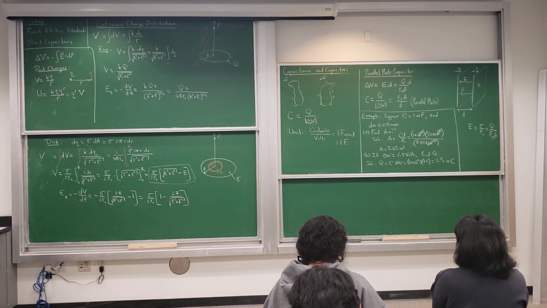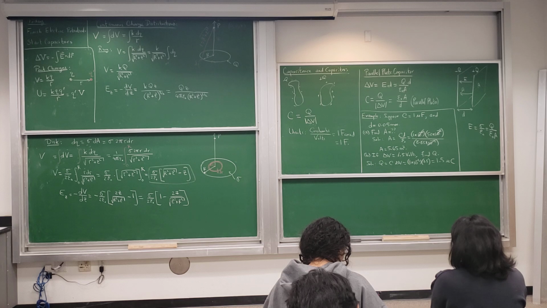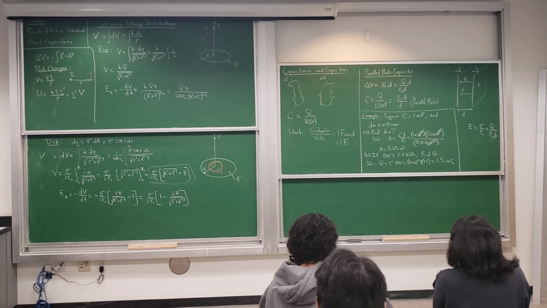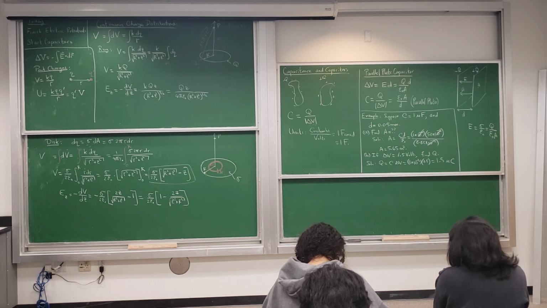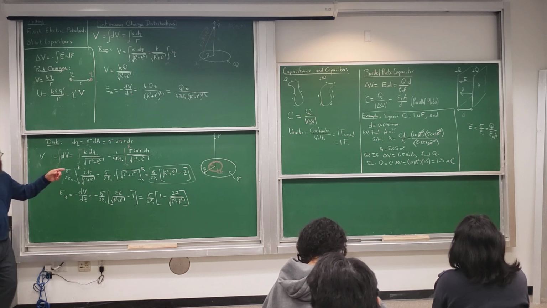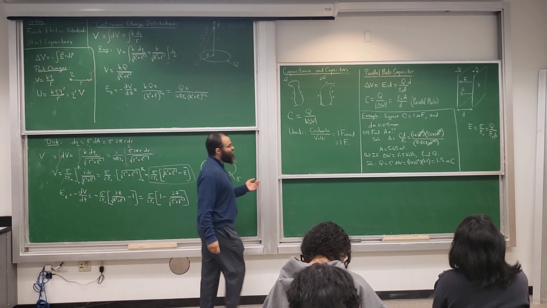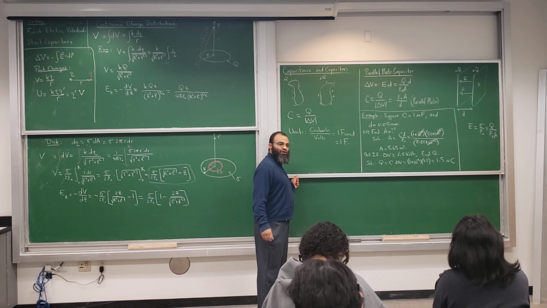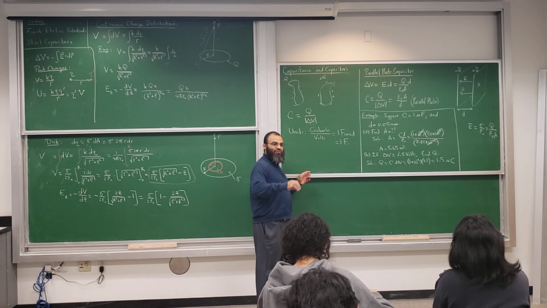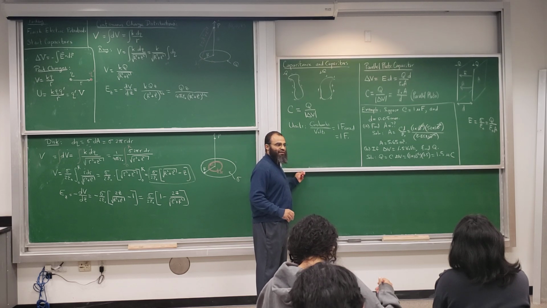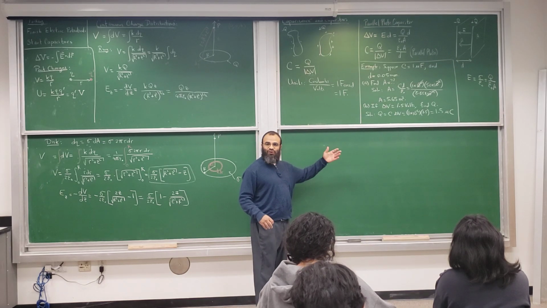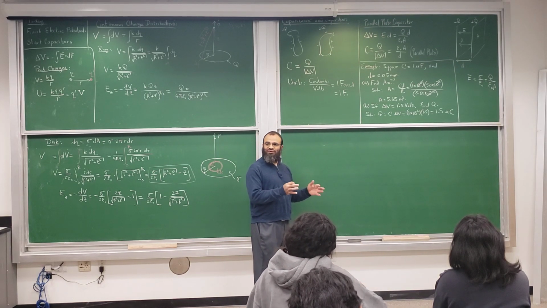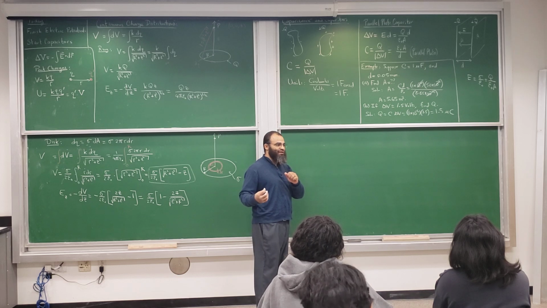Next, we're going to do the cylindrical capacitor, and then we'll do the spherical capacitor next time. So let's try the cylindrical capacitor. We're going to use what we know about the electric field between two cylindrical shells. Just because we started a new chapter, we don't forget the stuff we learned.